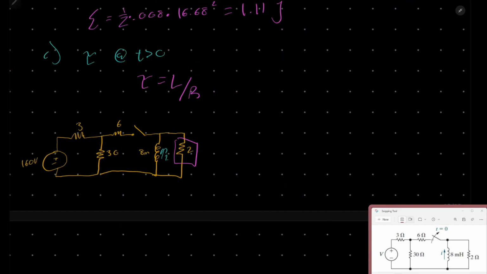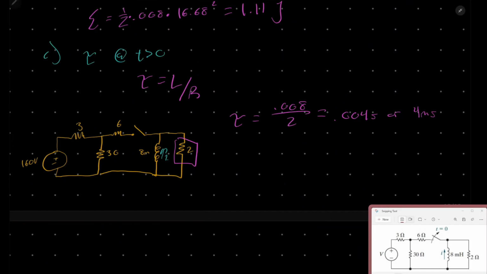To find tau, we'll simply plug in 0.008 divided by 2 from our 2 ohm. We'll plug that into our calculator to get a time of 0.004 seconds, or 4 milliseconds.